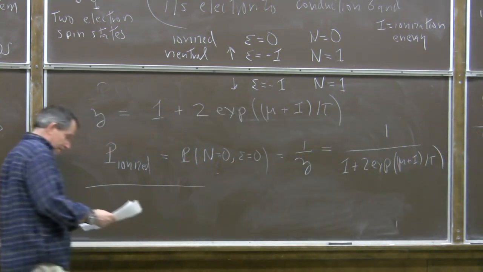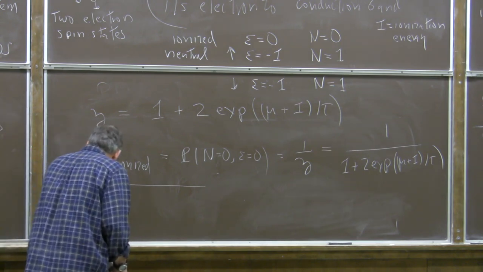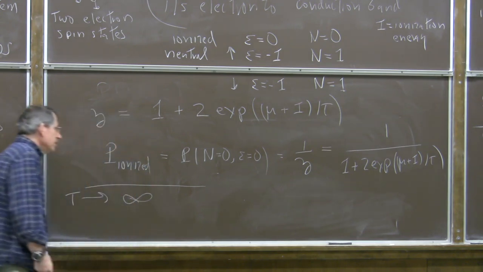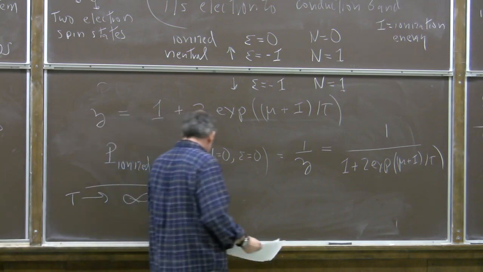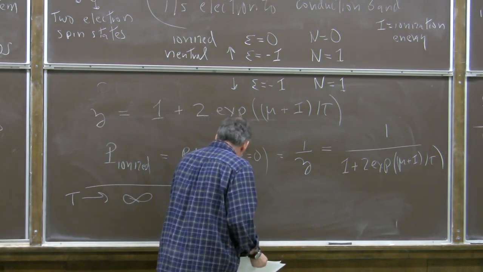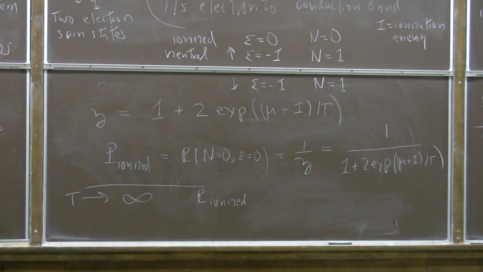So if the temperature is very large compared to the chemical potential and the ionization energy, we consider the temperature going to infinity limit of that probability. Then the exponential just becomes 1. So 1 over z is just 1/3.